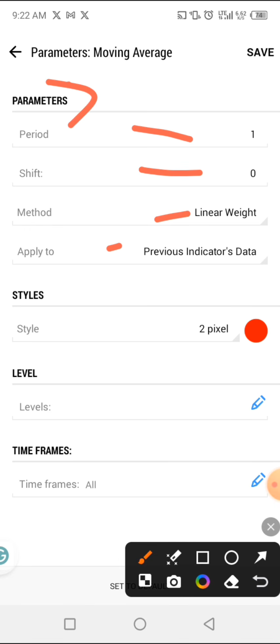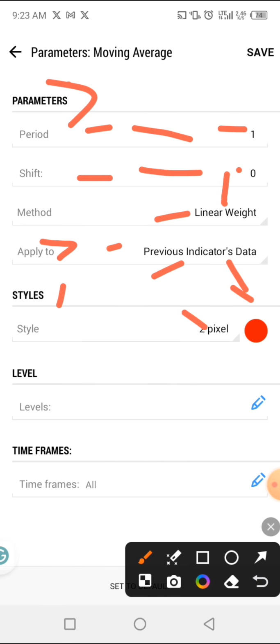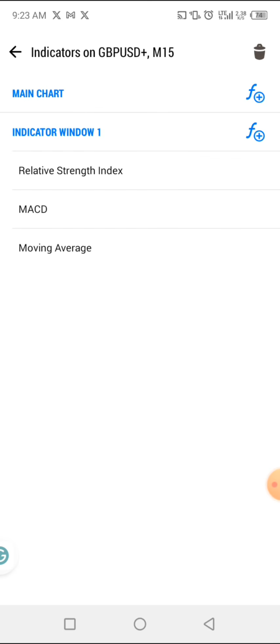In your parameters, your period is going to be 1, your shift is going to be 0, your method is going to be linear weight. Make sure your method is linear weight. Do not set your method to be anything apart from linear weight. Then apply to previous indicator's data. Then in your style, use 2 pixel, use color red. Once you have all of this figured out, you click on save.